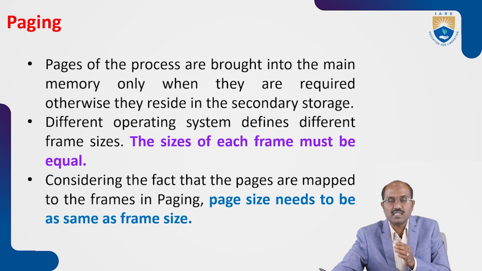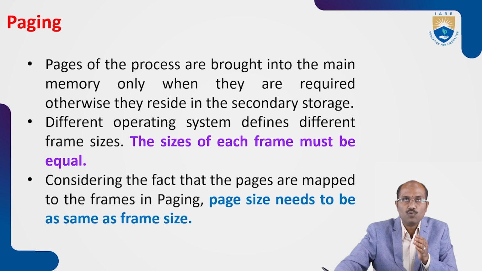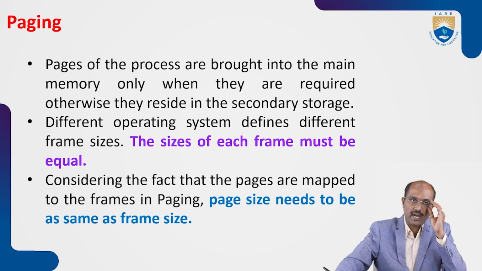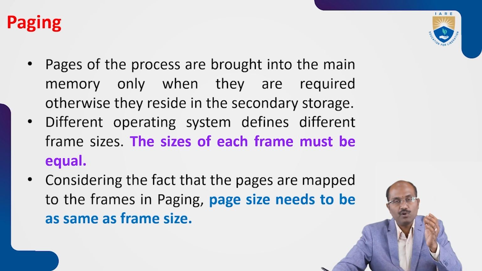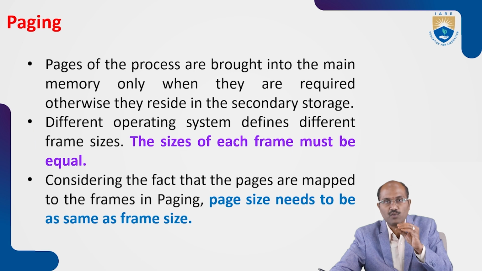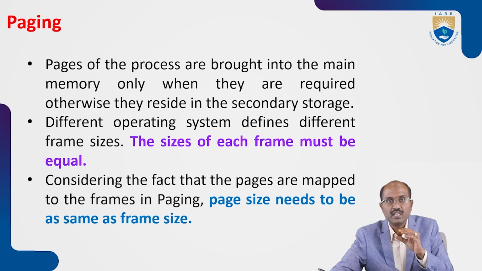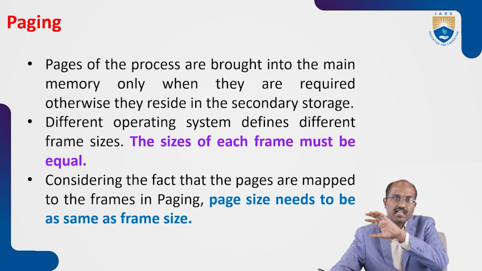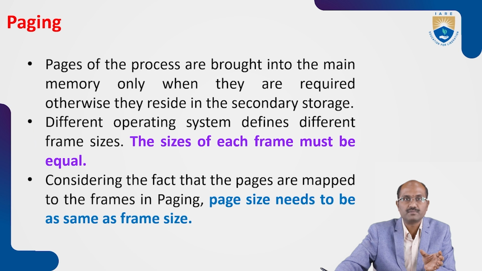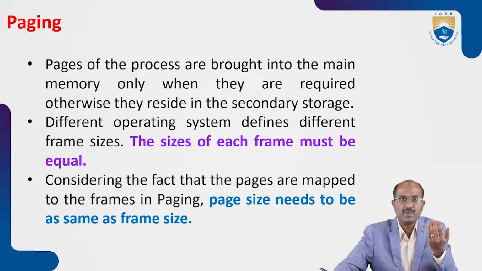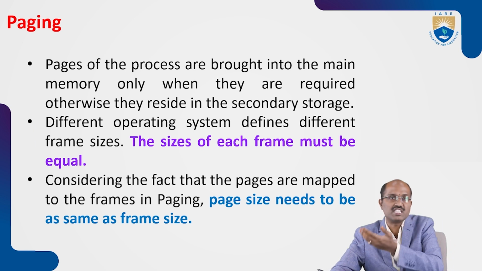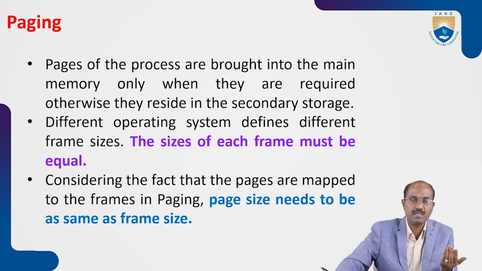Pages of the process are brought into the main memory only when they are required. Whichever partition of the memory a process requires can be switched from the secondary memory to the main memory. That information is swapped out from the main memory.